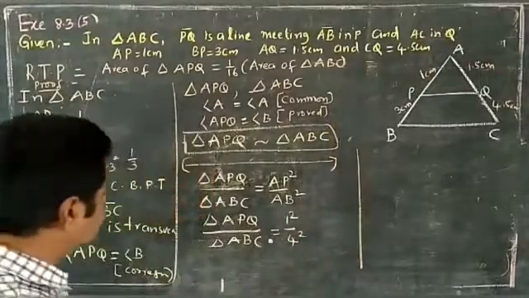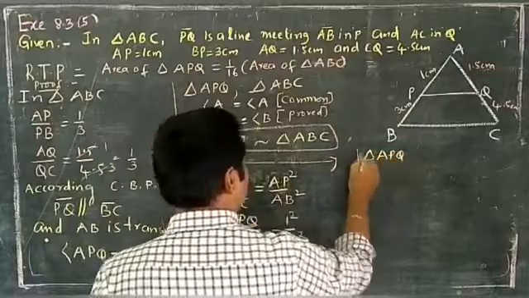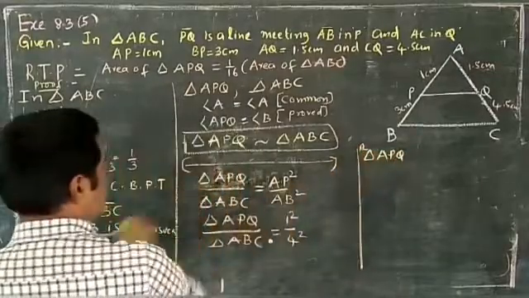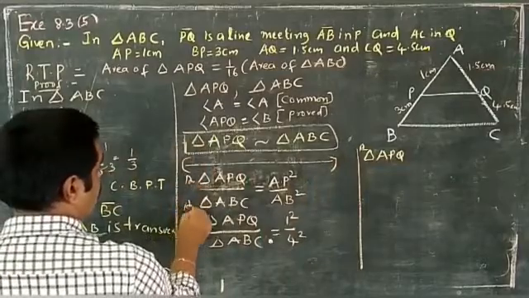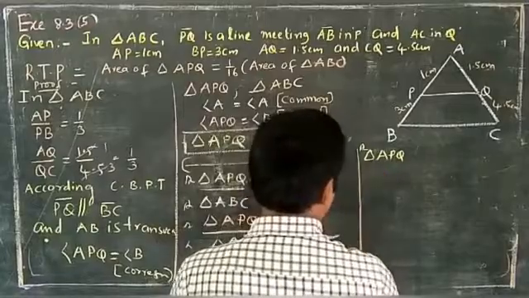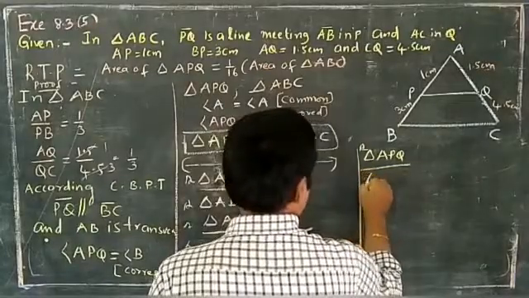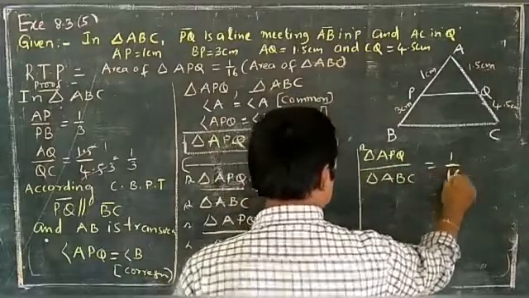So better you write area of triangle APQ by area of triangle ABC is equal to 1 by 16.